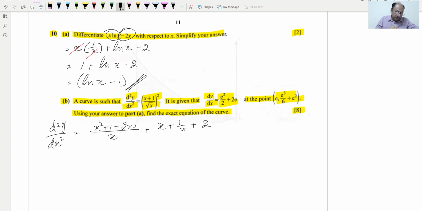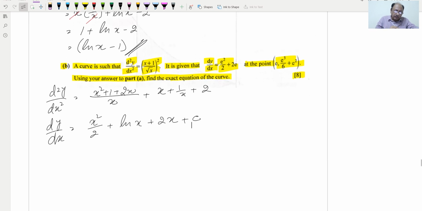Now what we can do, we can integrate this. So integral of d2y over dx will be dy by dx, which will be equal to integral of x will be x square by 2 plus integral of 1 over x will be log x, and integral of 2 will be 2x plus constant, integral constant c. Now dy by dx at the point E will be what?